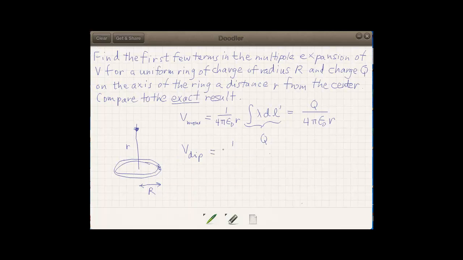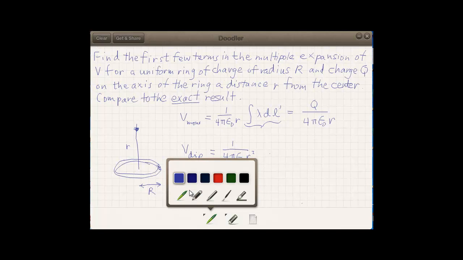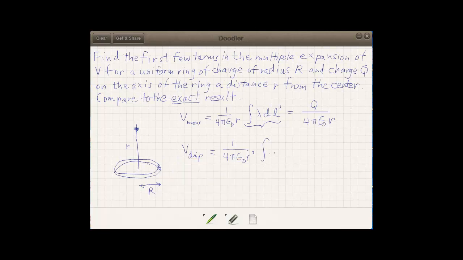It's got the 1 over 4 pi epsilon naught out in front, but now we have r squared, the distance r squared, followed by a slightly more complicated integral. Get rid of the q here. And this integral is the integral of r prime cosine theta times lambda dl prime.